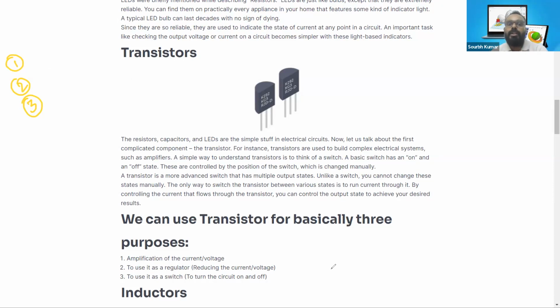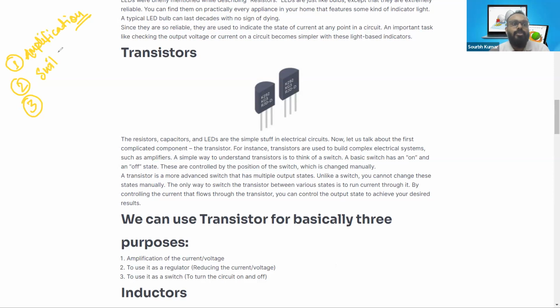Swati ma'am, you are technically correct about controlling the flow of current, but we cannot directly say that we can control the flow of current using this device. There are some basic rules for these electronic components. First, we can utilize transistors to amplify, that is for sure. Second is switching.